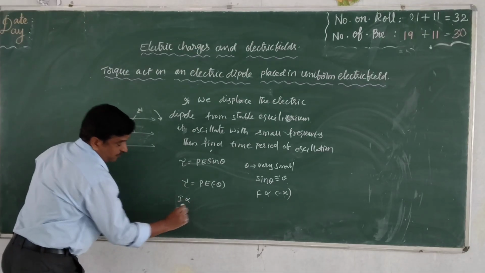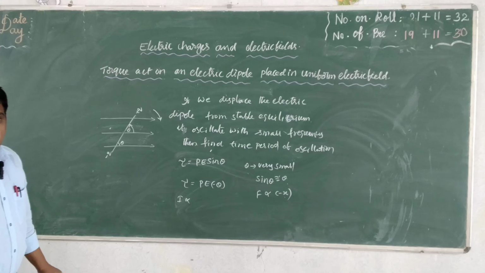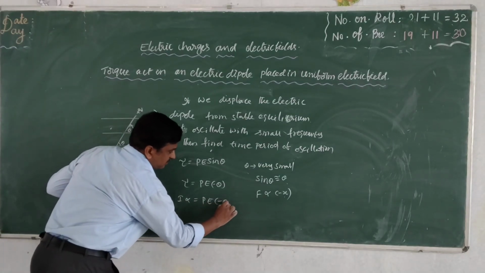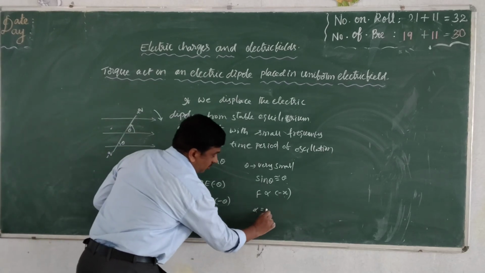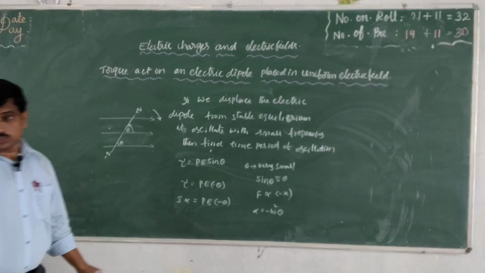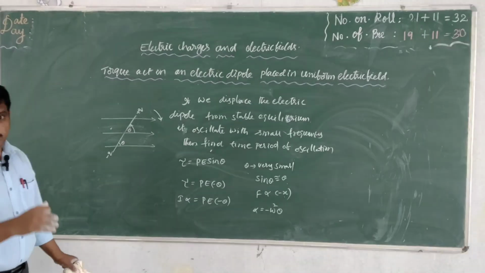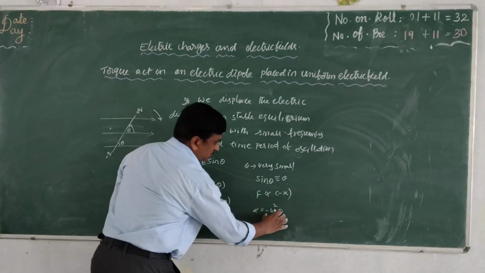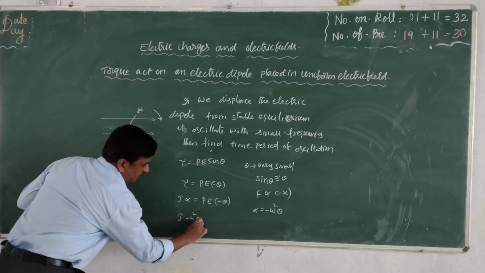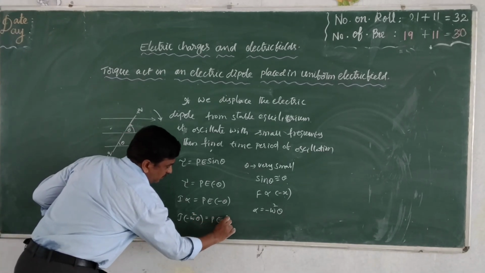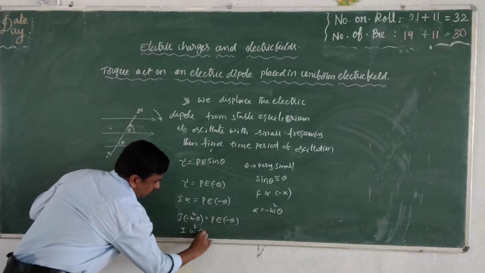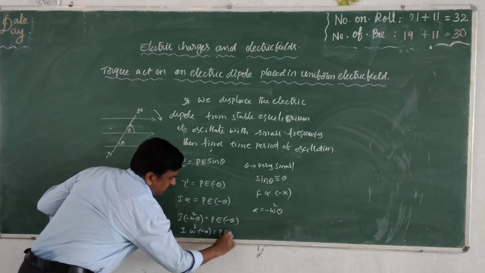Now we know torque equals I alpha, moment of inertia into angular acceleration. So I alpha equals Pe times minus theta. The angular acceleration alpha is minus omega square theta, because displacement is opposite to the torque acting. So I omega square times minus theta equals Pe times minus theta.